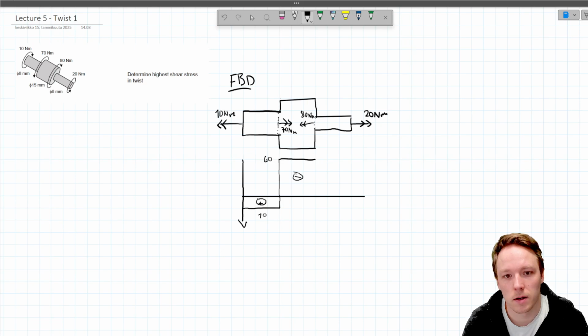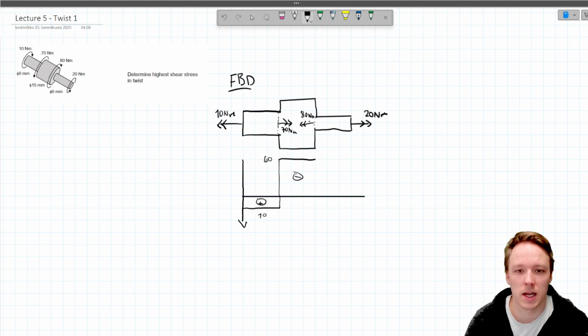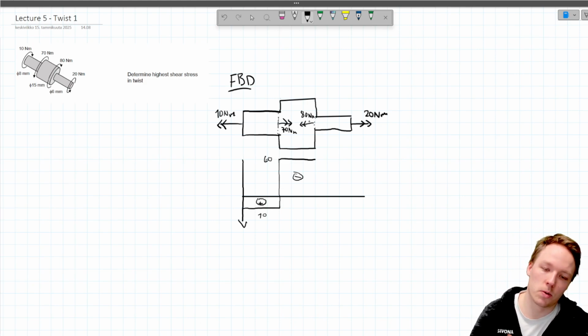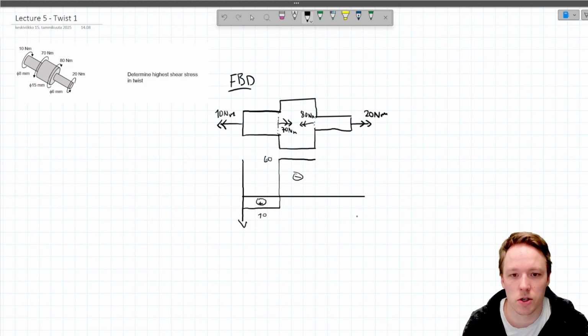until in here we come again to the next torque, which is 80 Newton meters, and it's pointing once again to the opposite direction, which means that we are going from negative 60 to positive 20, like so.